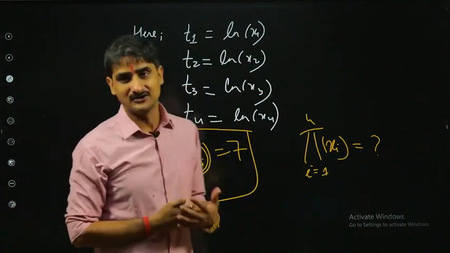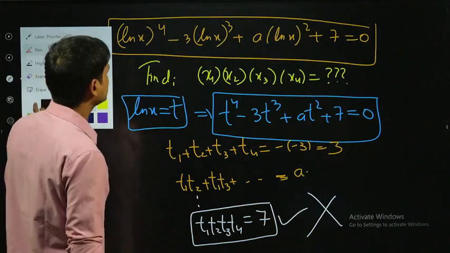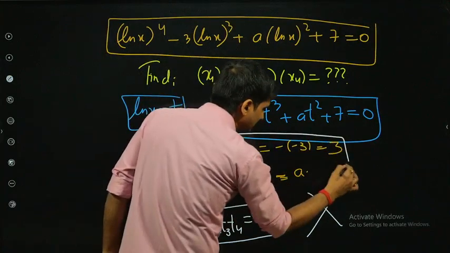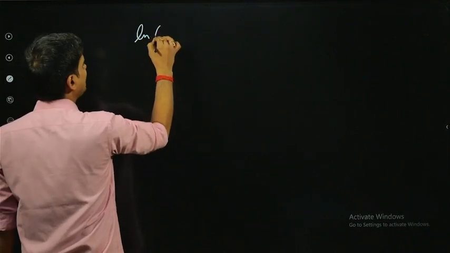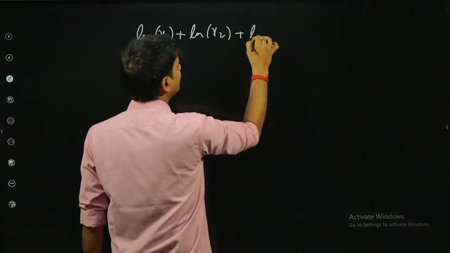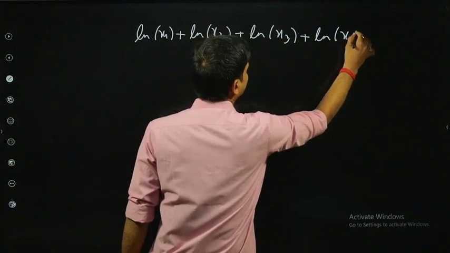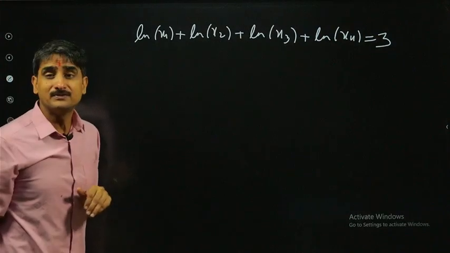So now here comes the properties of log. Come back to the relation t1 plus t2 plus t3 plus t4. I will write ln x1 plus ln x2 plus ln x3 plus ln x4 is equal to 3. Now, what does the property of log tell us?